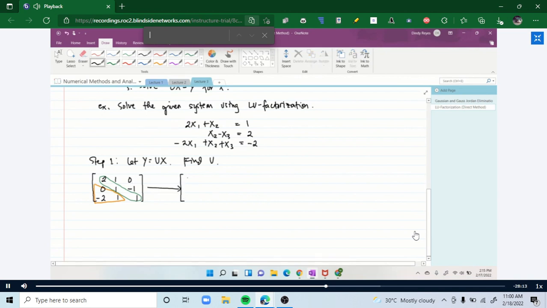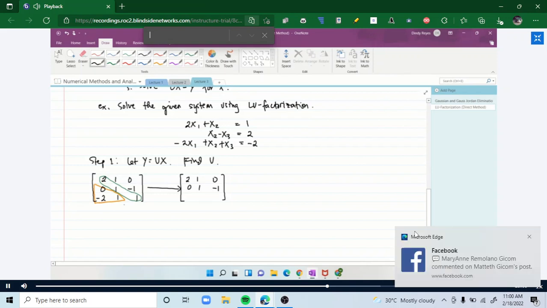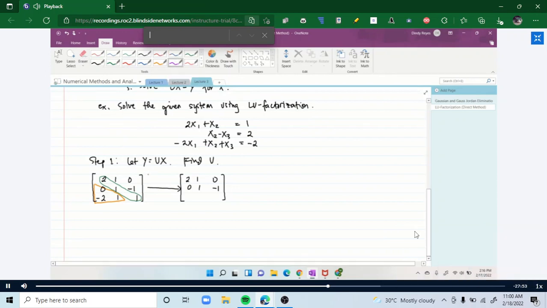I will not be changing anything with the first row. And this is already 0, so there's no problem with that anymore. 0, 1, negative 1. So we have to make this negative 2 a 0 and also this one, using elementary row operations. So we'll be changing R3.